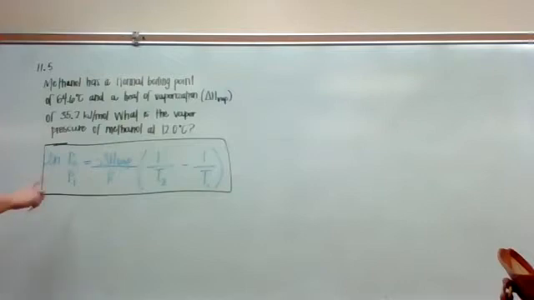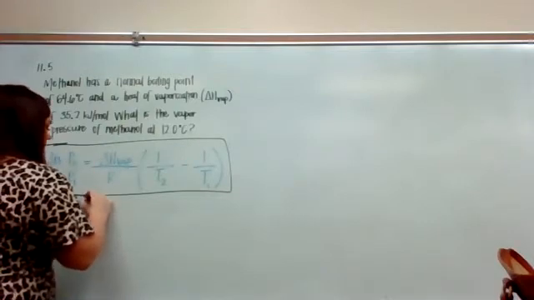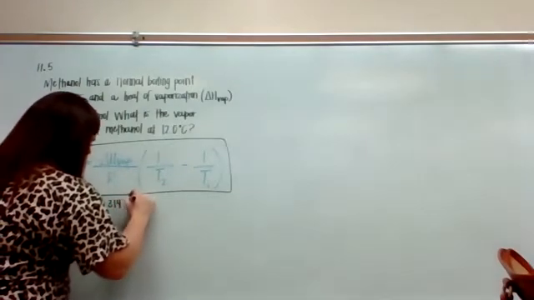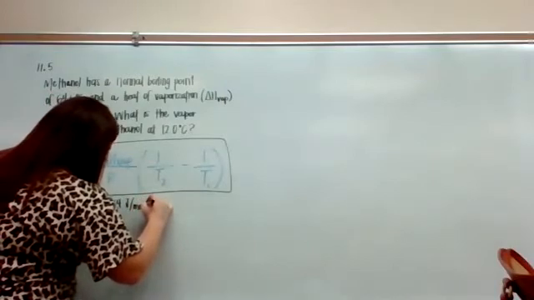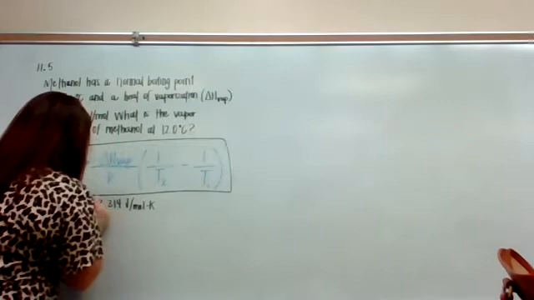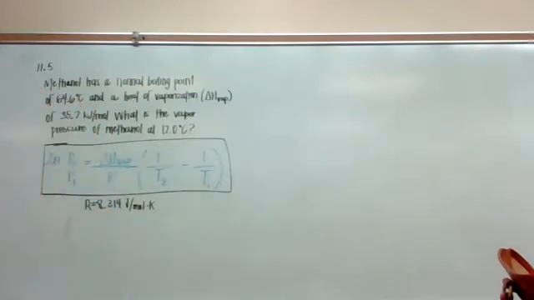Our delta H of vaporization has to match the units of our R. Remember, this R is in joule per mole times Kelvin, not liter times atmosphere. So the value's a little different.